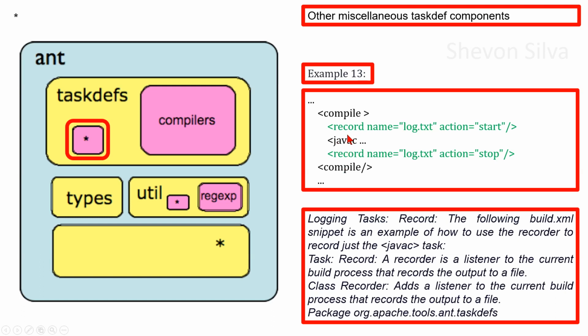The task record: a recorder is a listener to the current build process that records the output to a file. With regard to API, the class recorder adds a listener to the current build process that records the output to a file. This is in the package org.apache.tools.ant.taskdefs.